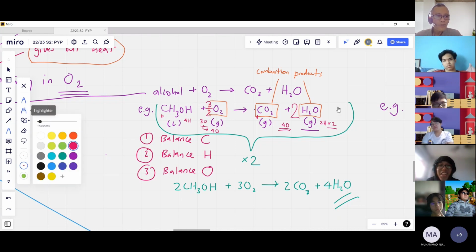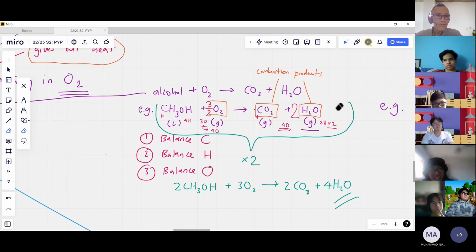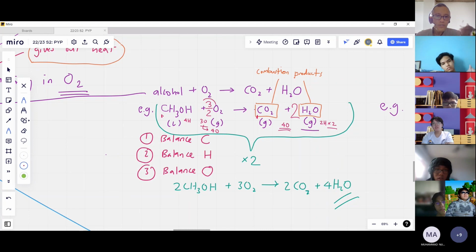Important point: you're no longer in secondary school, so your coefficients can involve fractions like this. You can have fractions, even decimals. For us, we are open to having fractions and decimals.